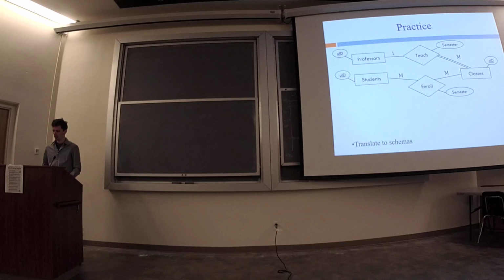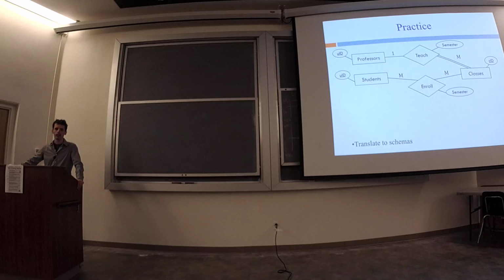Okay, let's do just a practice problem. We've already seen this ER diagram. This is some subset of some LMS. This is not necessarily our actual LMS. It's just a simple example. So translate this to tables.